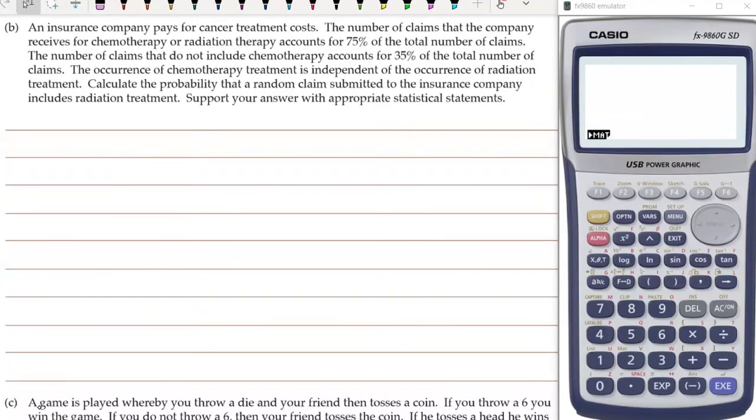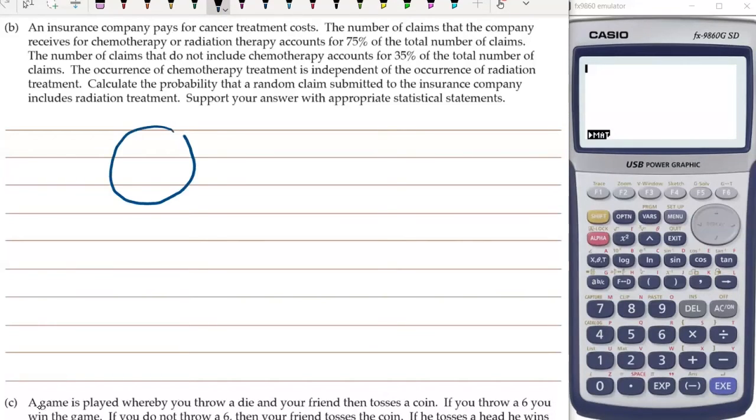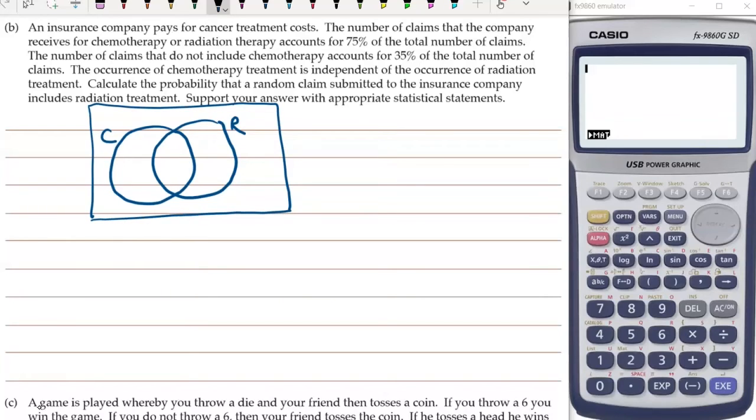Part B, we've got the likelihood of insurance company claims involving chemotherapy and radiation. So we'll have chemotherapy and radiation for all of the claims. The number of claims that the company receives for chemotherapy or radiation accounts for 75%. So probability of chemo or radiation is 0.75.